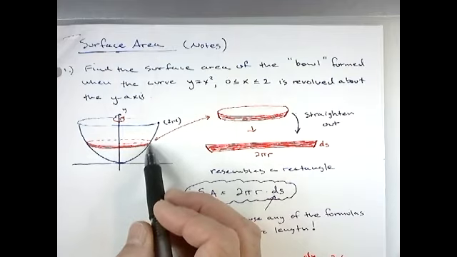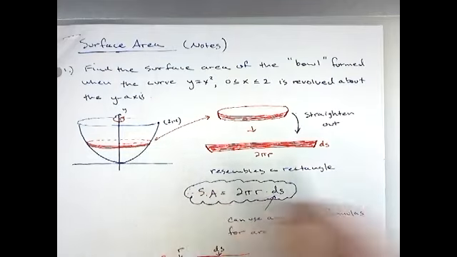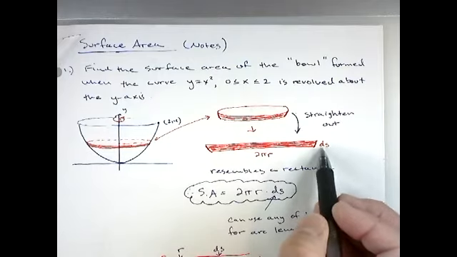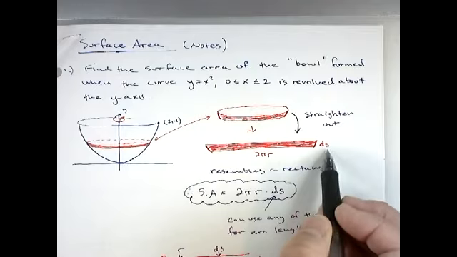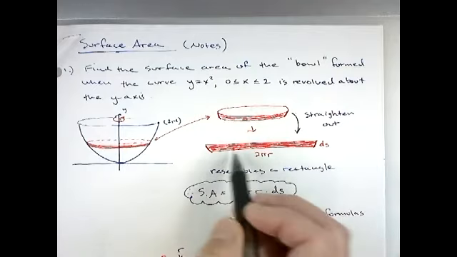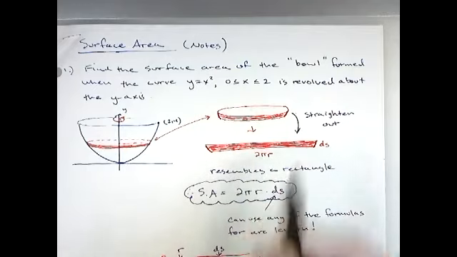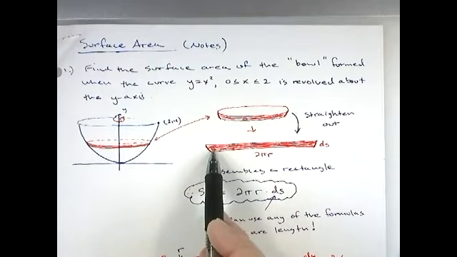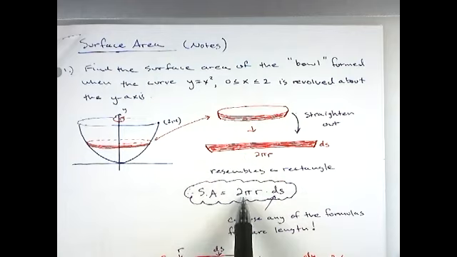That's a small piece of arc length of the parabola. We covered that in the previous video, and so we're going to call that ds. That's an infinitely small arc length. Nevertheless, it does resemble a rectangle, and so the formula for the surface area of that thin slice is 2 pi r times ds.